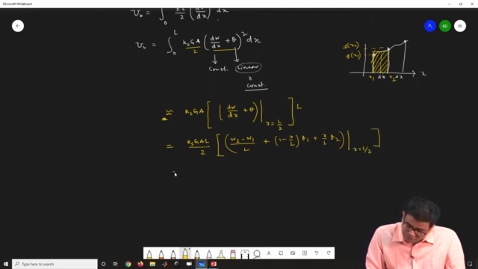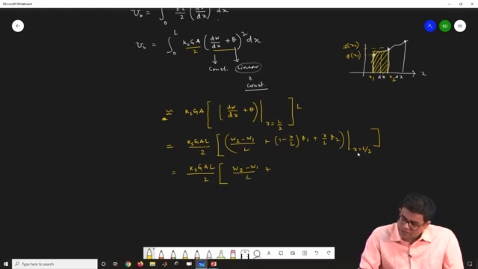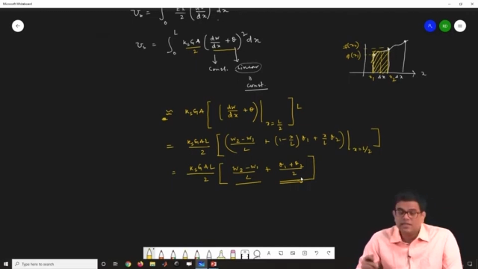If I do this, this quantity leads to (w2 minus w1) by L, plus, substituting x equals L by 2, (theta 1 plus theta 2) by 2. Now this is constant, and this is also constant. But this doesn't imply that it equals dw by dx.